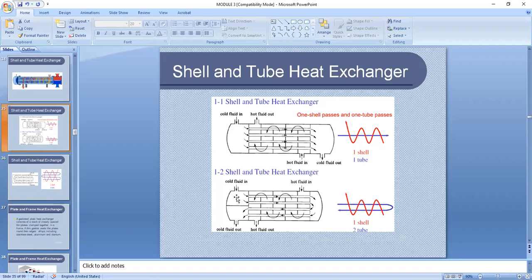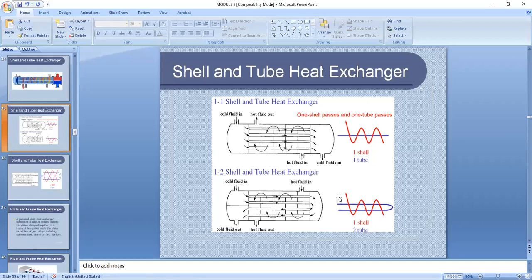So you have only one shell housing, but your fluid that is being processed inside the tube bundles is being heated or cooled twice, because it has to go to this pass here, single pass, and this is the second pass. So it has two tube passes. As such, it's referred to as the 1-2 shell and tube heat exchanger orientation.